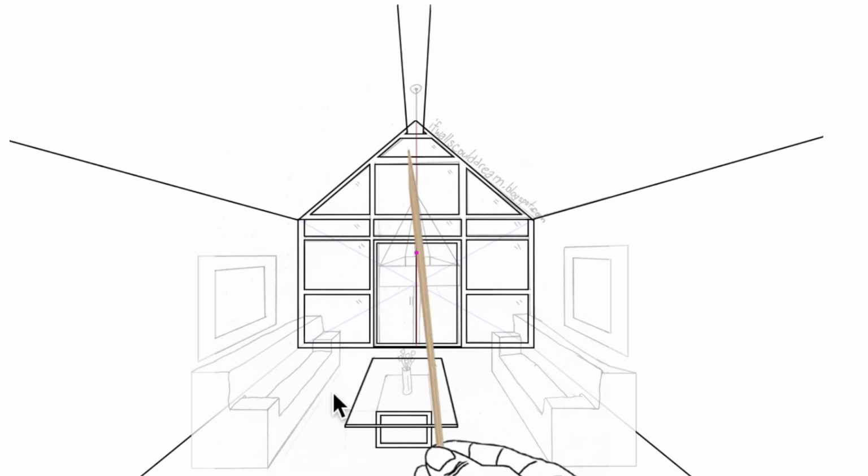So any of the converging lines, which in the real space would be parallel to each other, are all going to converge onto the vanishing points. And then any of the vertical lines that you see in the area are going to be just straight up and down vertical. Okay.